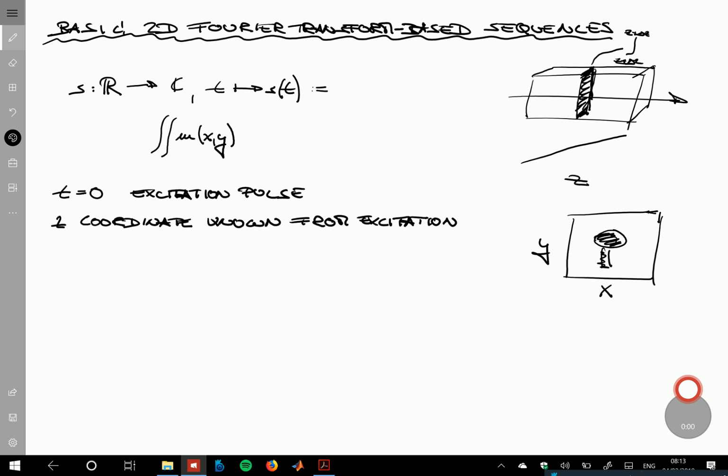Where it's dark, it's, let's say, high, and where it's white, it's low. Of course, what we always have in mind is a brain that looks something like this, so that there is some variation in the magnetization that is induced by the strong magnetic field.